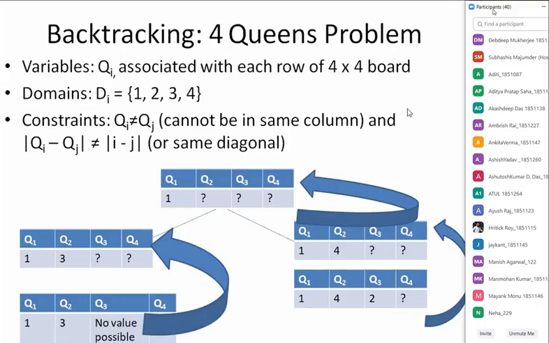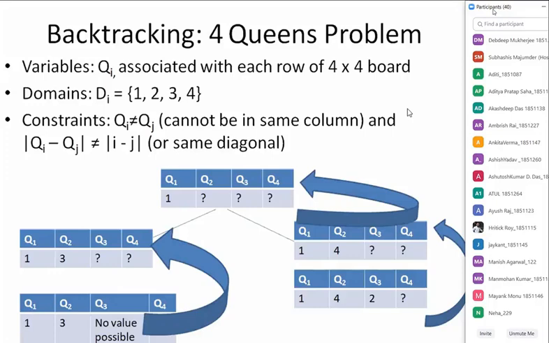Now what are the possible values for each qi? Obviously they can be in column 1, 2, 3 or 4, and that's why the domain of qi is 1, 2, 3 and 4.